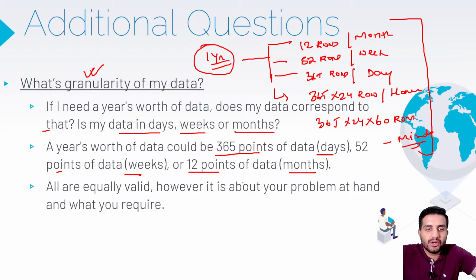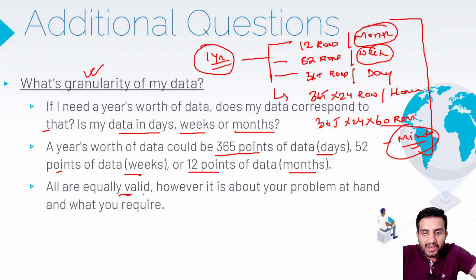And all are equally valid. It's not like this month level is not valid, this week is not valid, the second is not valid. All are equally valid. However, it is about our problem at hand which we have to solve and what we require.